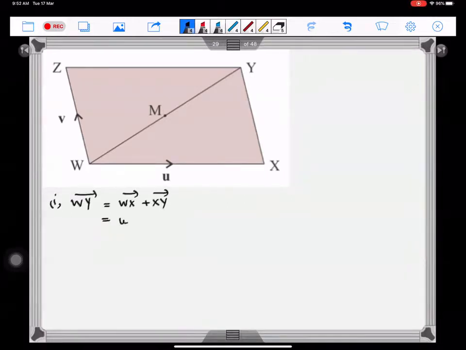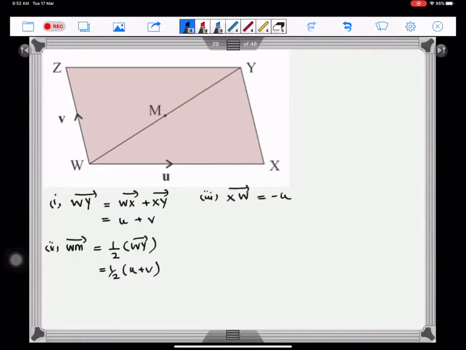WX is U, and XY is V. The second part, WM. M is the midpoint. So WM is half of WY, that's half of U plus V. Third point, XW.